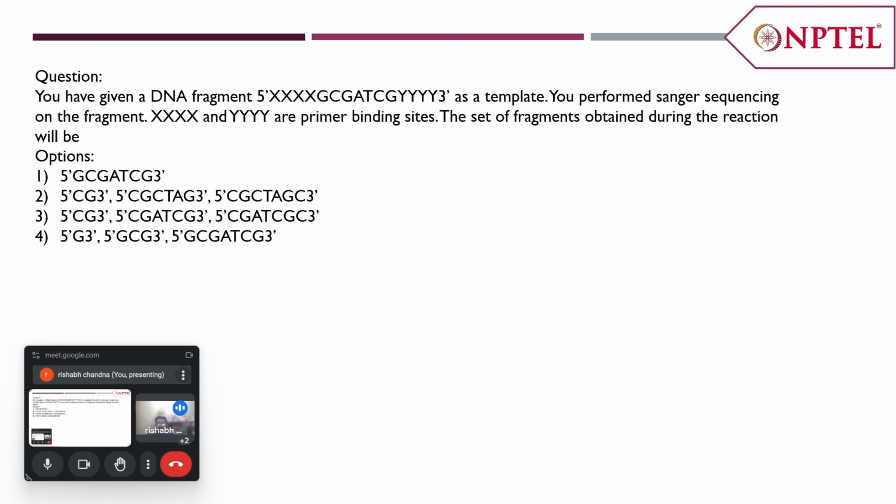This is an analysis based question. You have a given DNA fragment that has this particular sequence, and these X's and Y's that are present are the primer binding sites. So what are the sets of fragments that you will get out of this particular DNA sequence that is given?